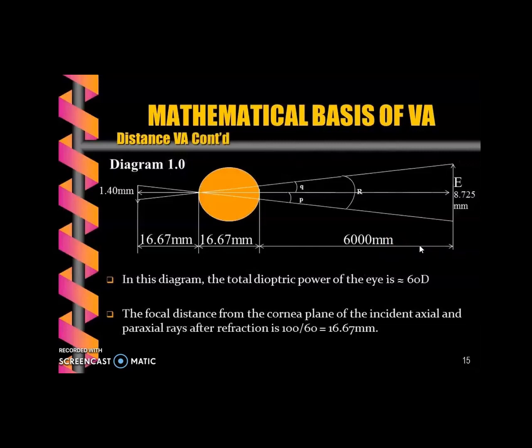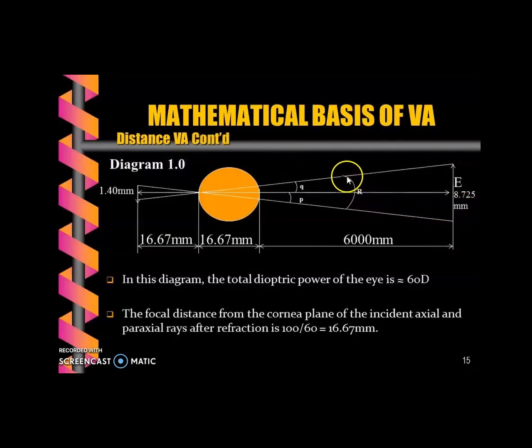And as we said before, the height of the object that will subtend an angle of 5 minutes of arc at the foveal plane will have to be 8.725 millimeters high.